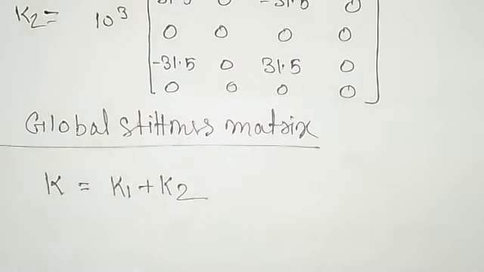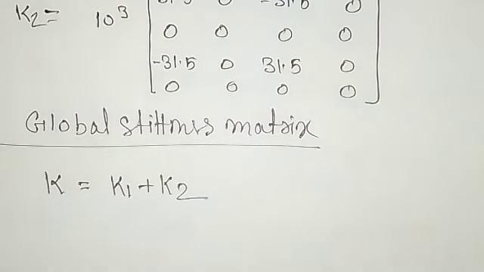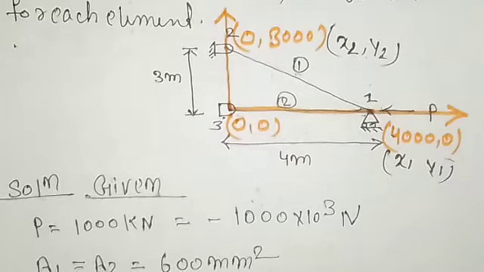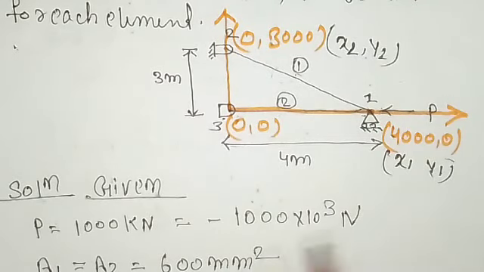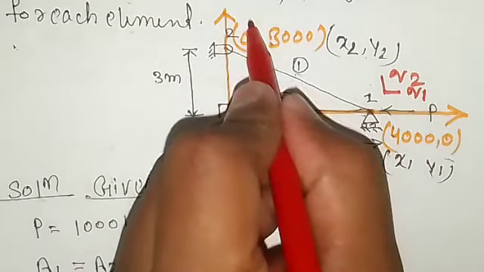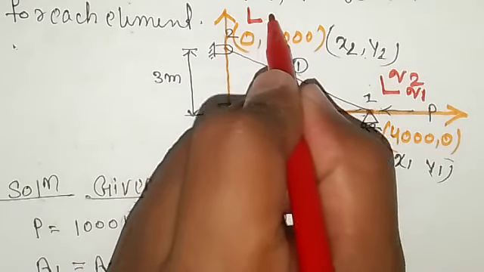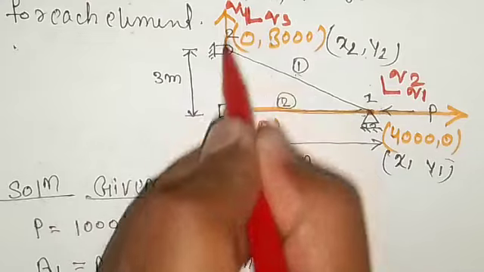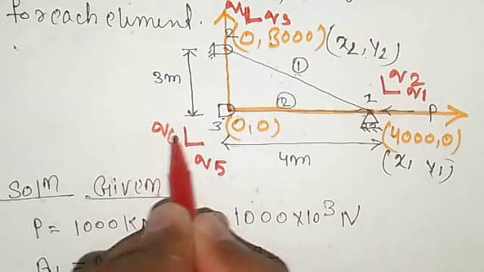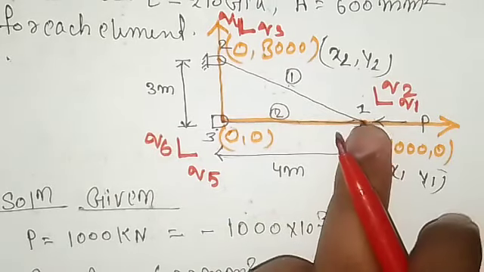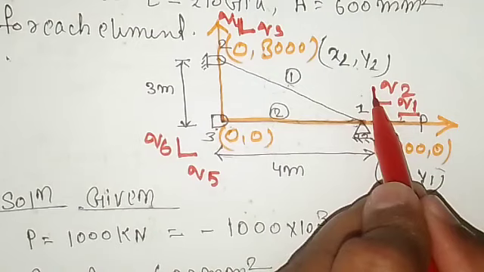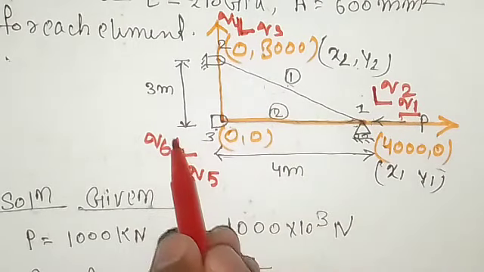So again you can look at the question, how many nodal displacements we are getting. At node 1 the nodal displacements are Q1, Q2. At node 2 the nodal displacements are Q3 and Q4, and at node 3 the nodal displacements are Q5 and Q6. As it is a truss problem, at each node we have 2 nodal displacements, one on the x-axis and one on the y-axis, right?